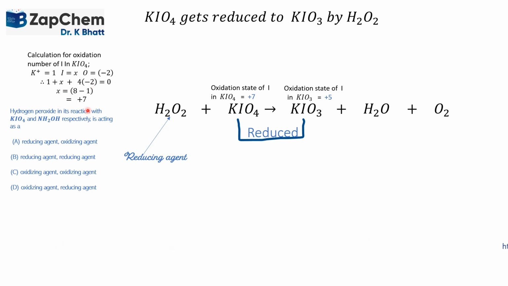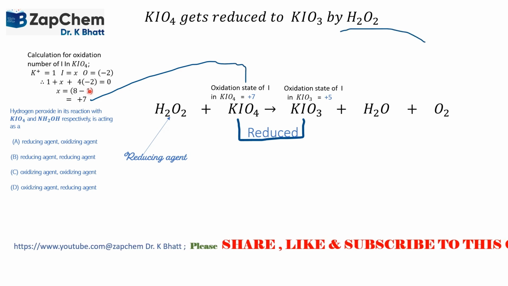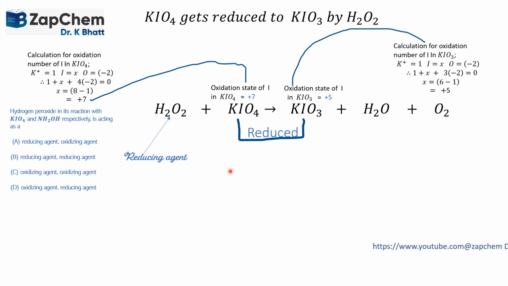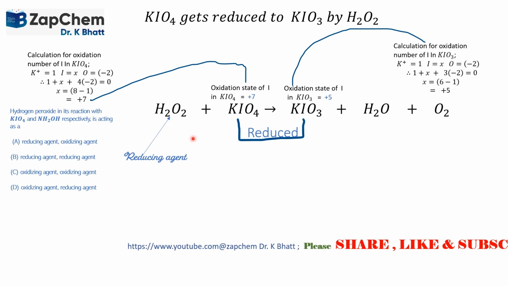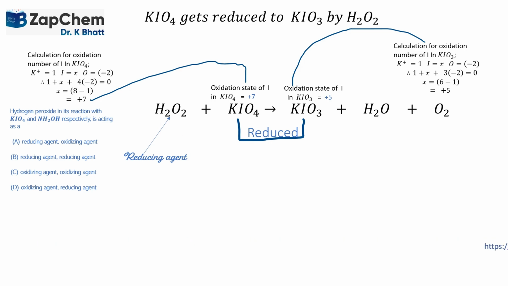So anyway, we calculate this way the oxidation number of iodine in potassium periodate. Similarly, we calculate the oxidation number of iodine in potassium iodate as given here. So that's the situation. And here we find that H2O2, that is hydrogen peroxide, has acted as a reducing agent.